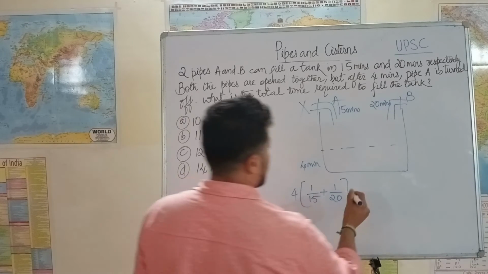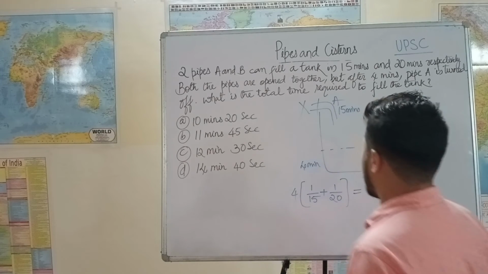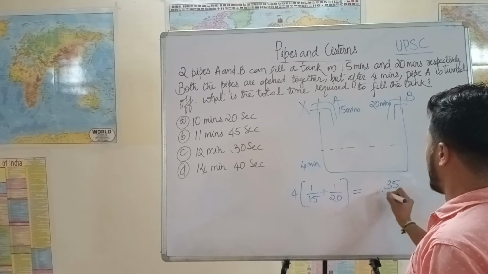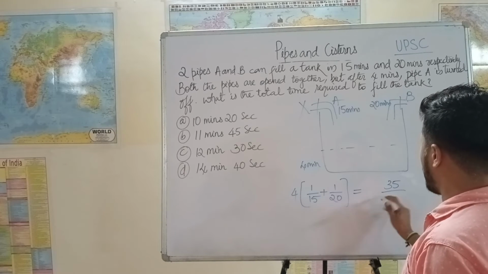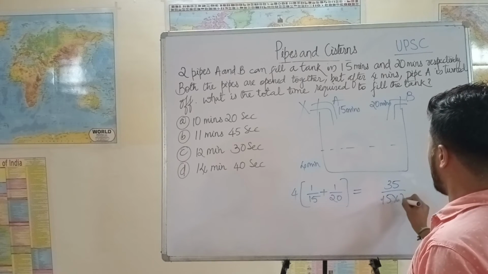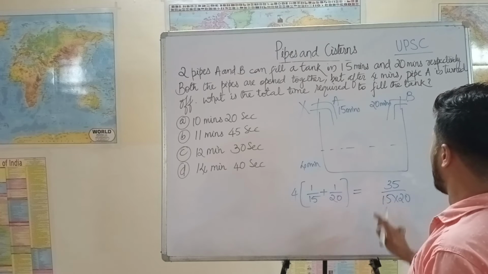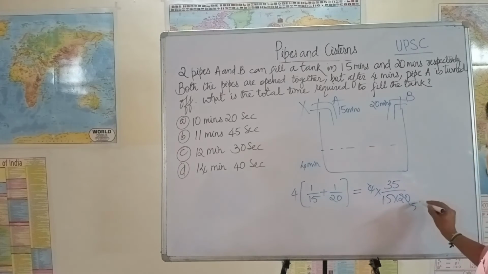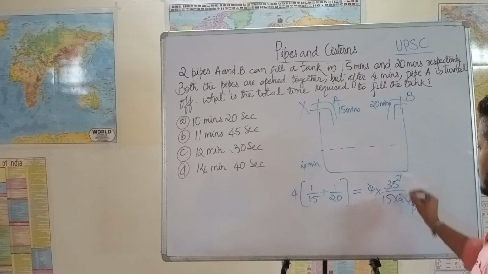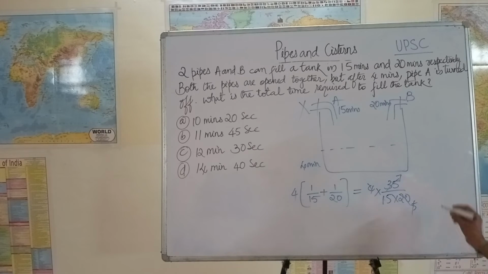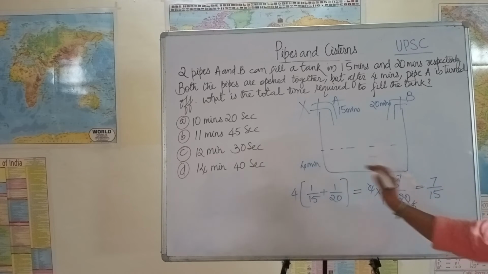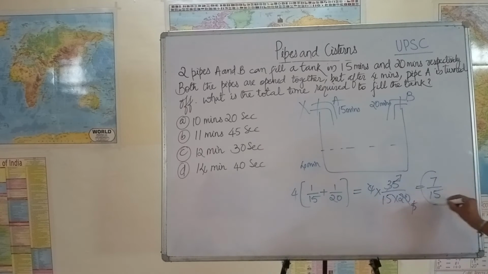This is 20 plus 15 is 35 divided by 15 into 20. 15 into 20 is 300. Multiplying by 4, we get 7 by 15. So in the first 4 minutes, 7 by 15 of the work is completed.